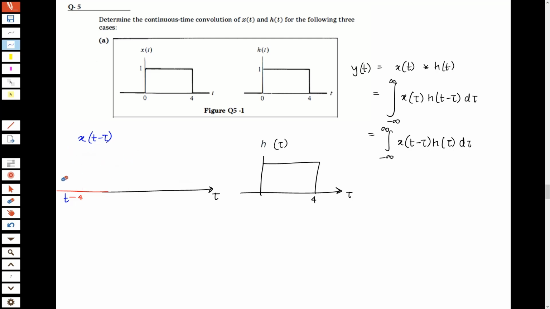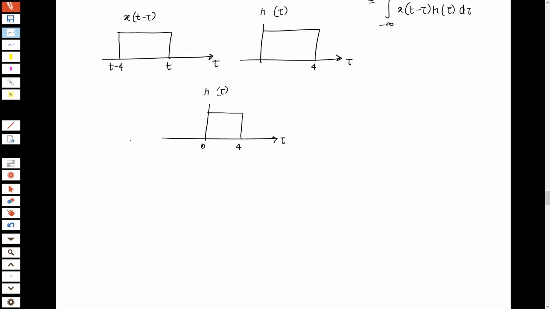Let me redraw this. What we said was that x of t minus tau looks something like this. Here you've got t minus 4, and if this is t minus 4, this would be t. And x of tau is somewhere here.